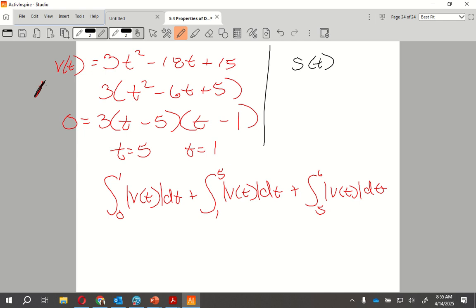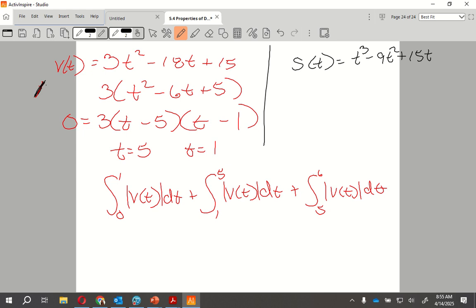Normally in derivative I would go from velocity down to acceleration, where integration, the antiderivative, goes up. So I got s of t is equal to t cubed minus 9t squared plus 15t. Yes?